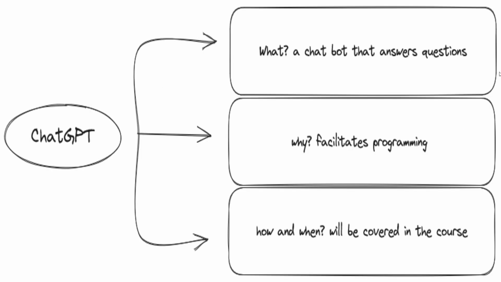Now, let's talk briefly about ChatGPT before we end the video. What is ChatGPT exactly? Why do we want to use ChatGPT? Now, ChatGPT, for those people who don't know, is a chatbot developed by OpenAI, and you basically ask it a question and it gives you an answer. It's that simple. Now, there are different versions of ChatGPT.